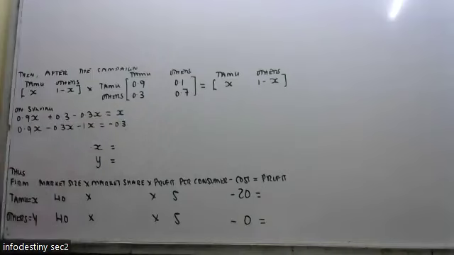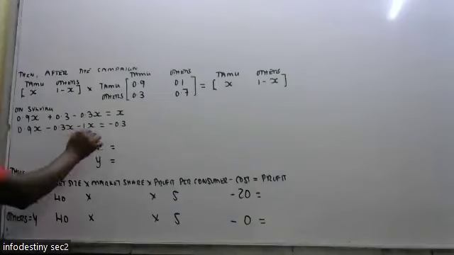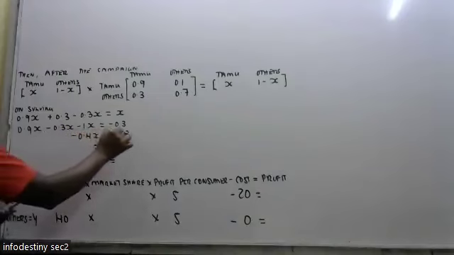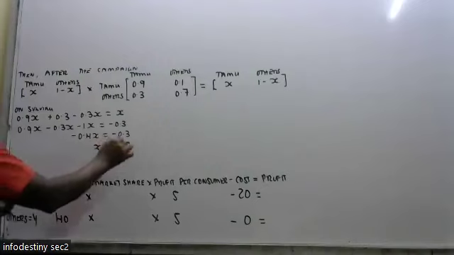Then when you subtract, you get negative 0.4x being equal to minus 0.3, so x is 0.75.